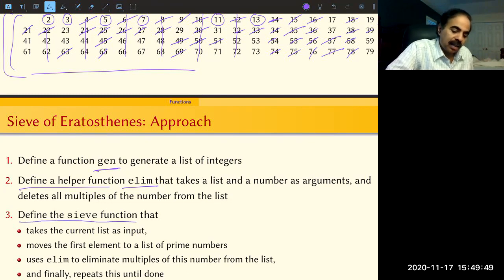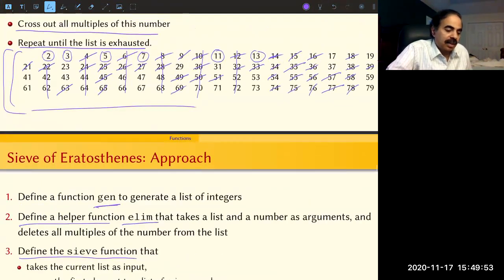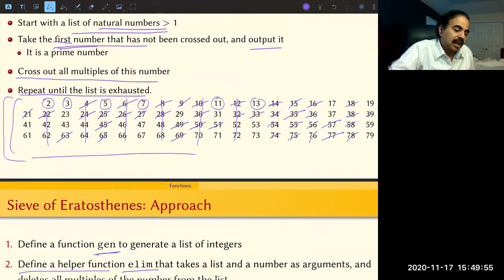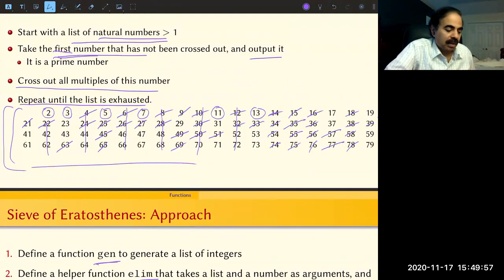And then once we have these two, we can design the top level function, because looking at how we did this by hand, those were the steps that were needed. First, we needed to generate a list, and then we need a procedure for crossing out multiples.